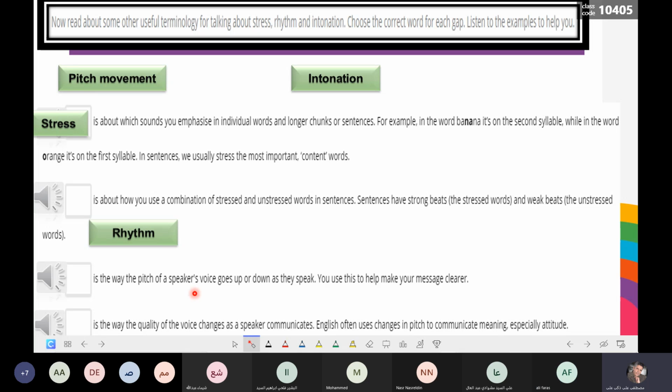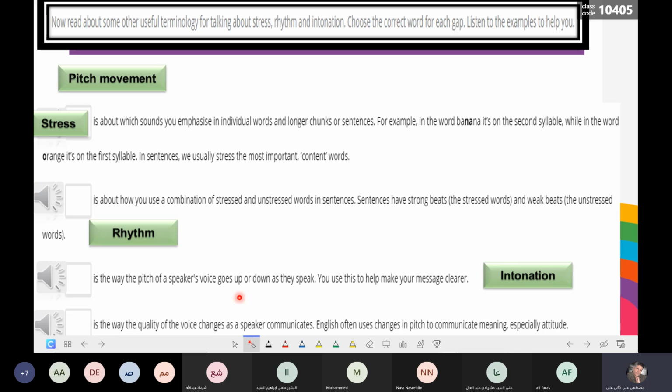And what about the pitch of a speaker's voice going up or down as they speak to help make your message clear? Intonation. Intonation is the way the pitch of a speaker's voice changes.